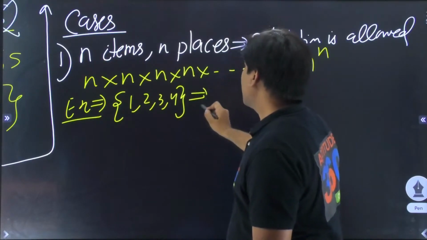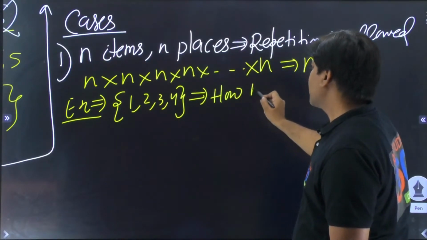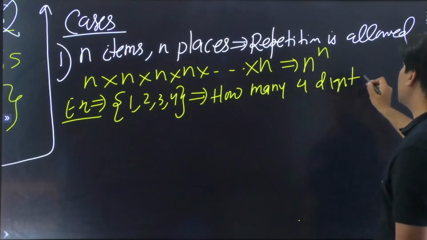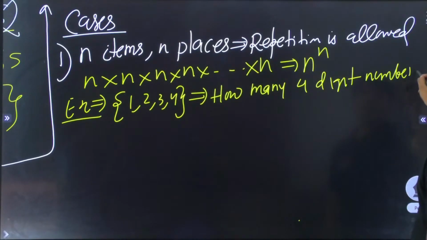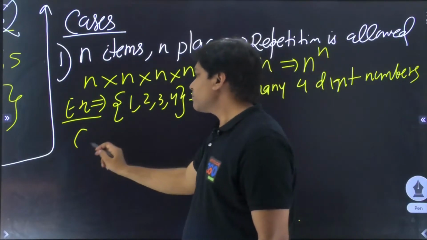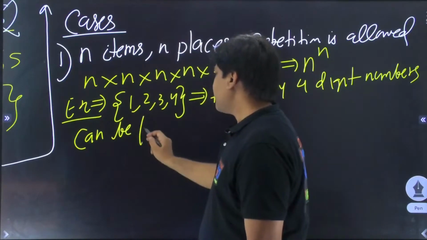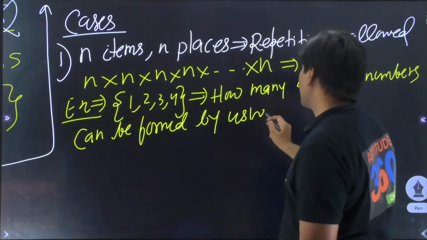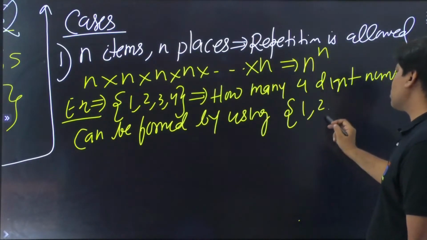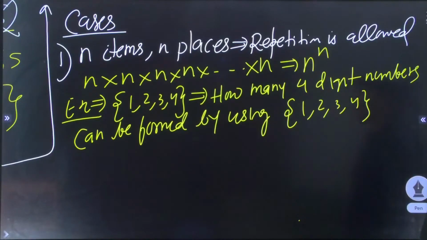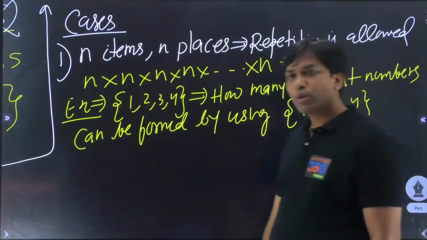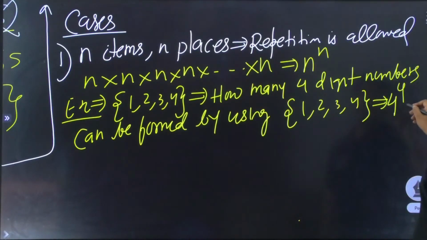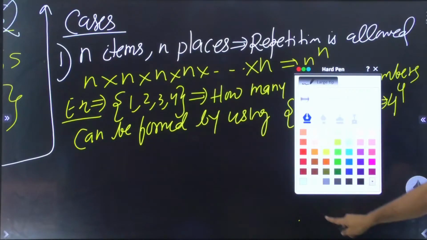And I say how many 4-digit numbers can be formed by using 1, 2, 3, 4. What is the answer? It is 4 raised to 4. क्या ये बात आपको समझ में आई? That it will have to be 4 raised to 4.